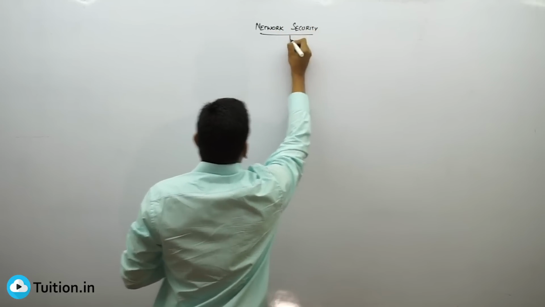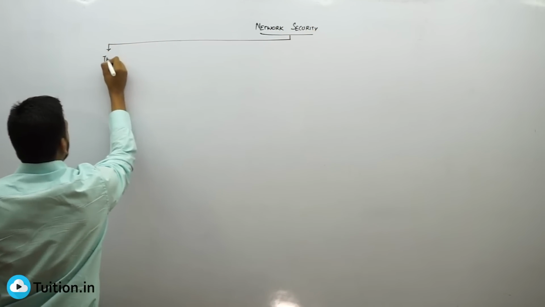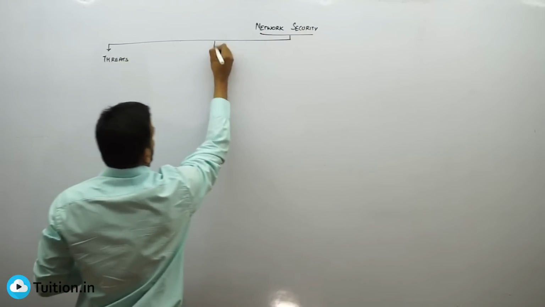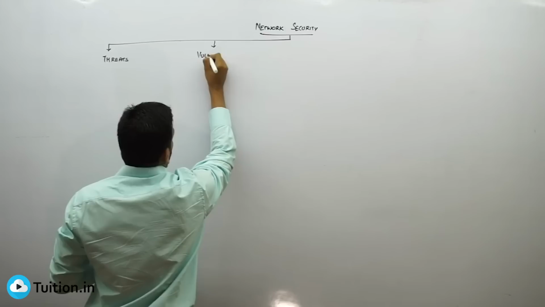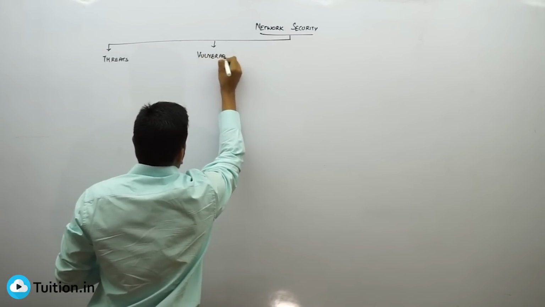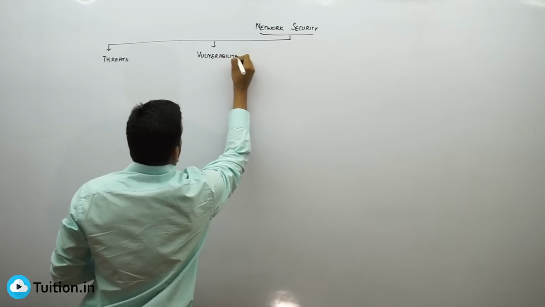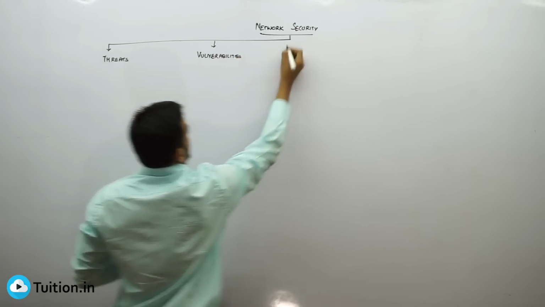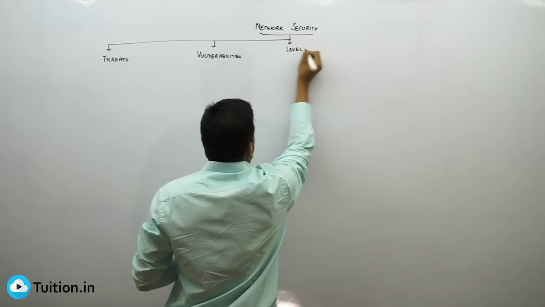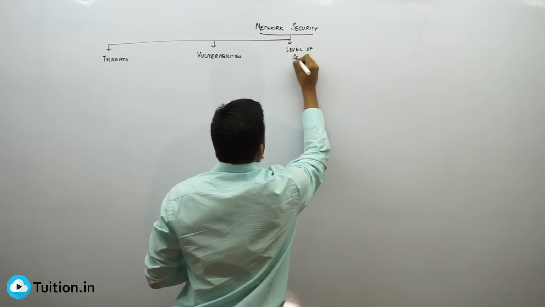So first, let's look at some of the threats. Then we will talk about some of the vulnerabilities. Then we'll look at the level of security required. It's an 8-point story, this level of security.